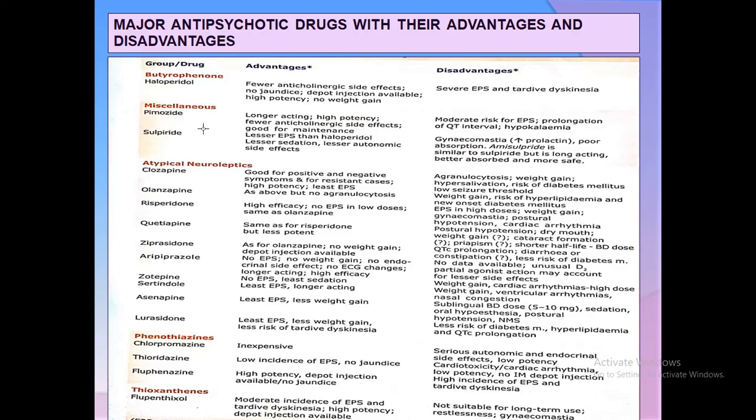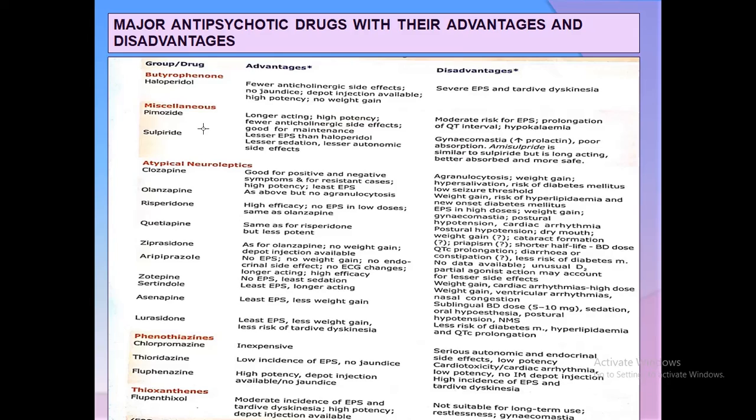Disadvantages are weight gain, ventricular arrhythmia, and nasal congestion. Another drug is asenapine, and its advantages are less EPS, less weight gain, and disadvantages are sublingual BD dosage 5 to 10 mg, sedation, oral hypoesthesia, postural hypotension, and NMS.